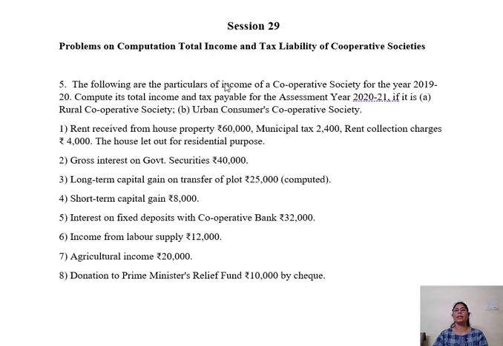The following are the particulars of income of a cooperative society. Compute its total income and tax payable if it is a rural cooperative society and an urban consumers cooperative society.